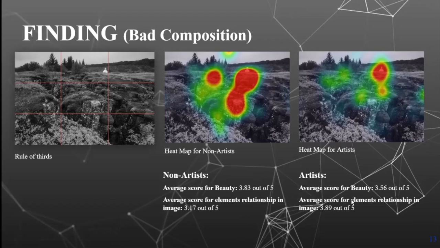But artistic people, when they're looking at any artwork or any images, usually scan based on the rule of thirds or any of the other framing rules that they have been taught before.